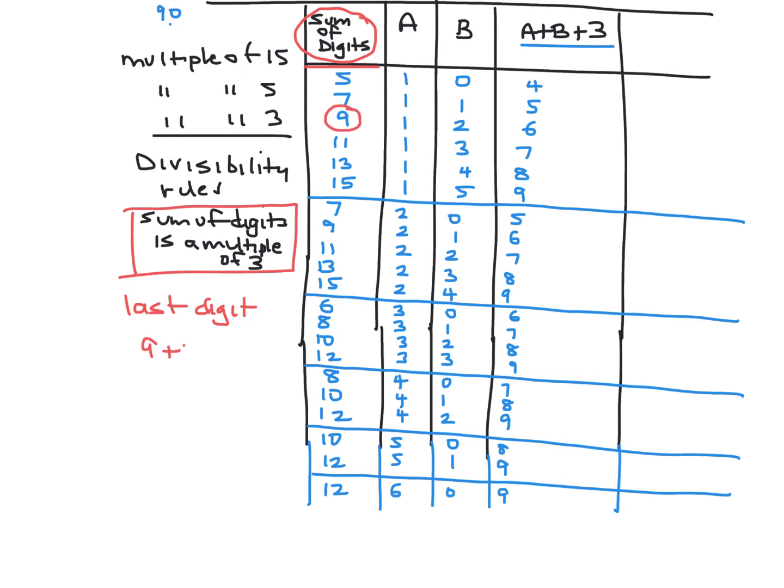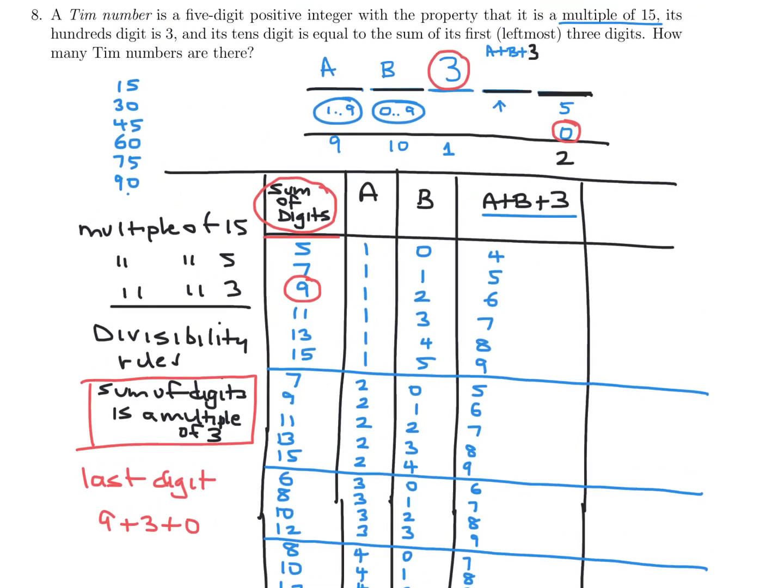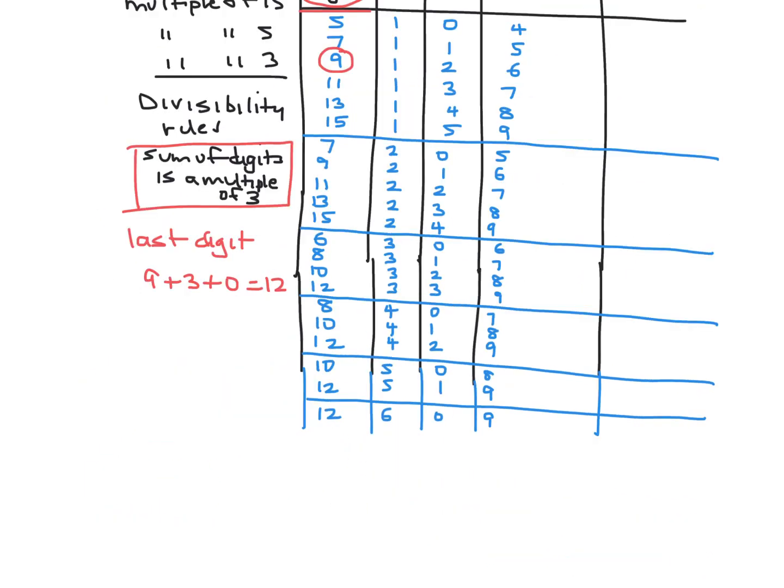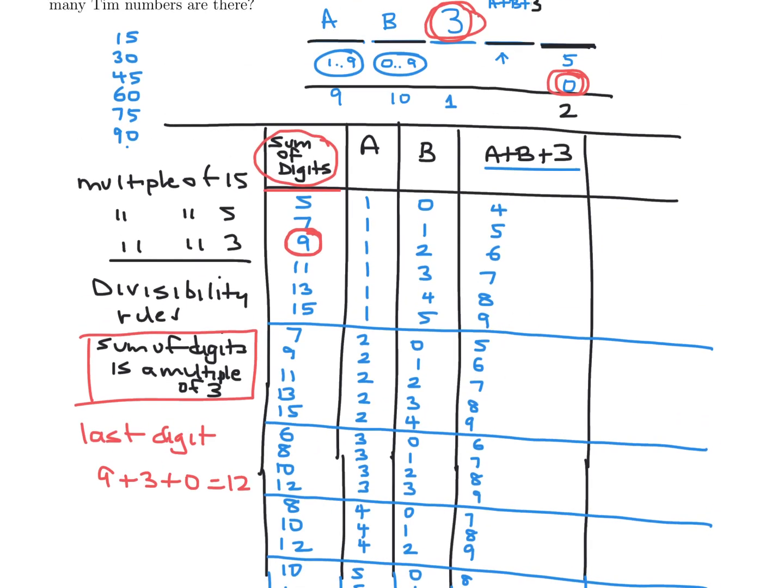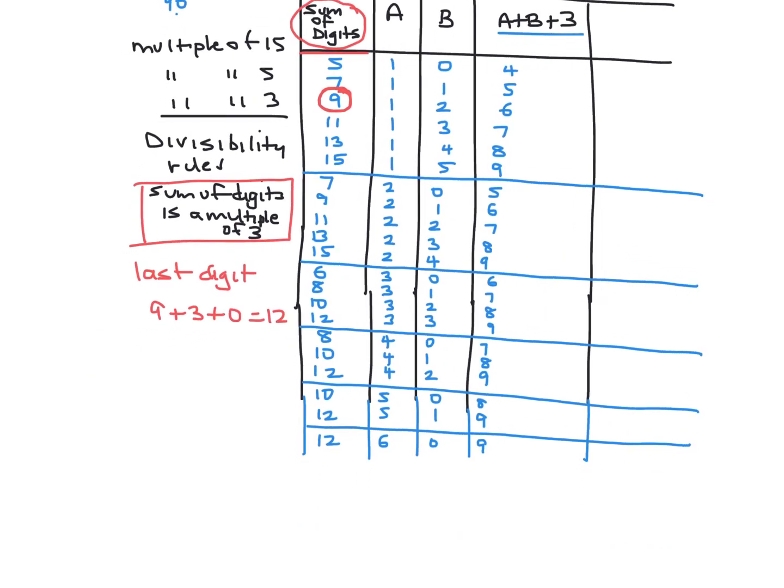So if we add to it that 3 and that 0, it will still be a multiple of 3, as I put here. So let's circle the ones that are already a multiple of 3.